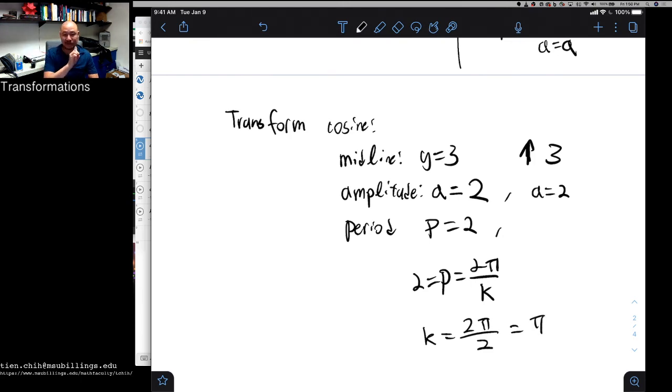So the transformation that achieves this is cosine, where k has to be pi. The whole thing needs to be stretched by 2, and the whole thing needs to be shifted up by 3. So y equals 2 cosine pi t plus 3.